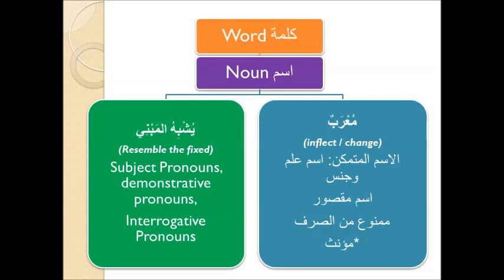And those nouns which resemble the mabni, yushbihul mabni, are the subject pronouns, demonstrative pronouns, and interrogative pronouns. These pronouns resemble the mabni and do not change, but stand in the grammatical positions of nouns which change.